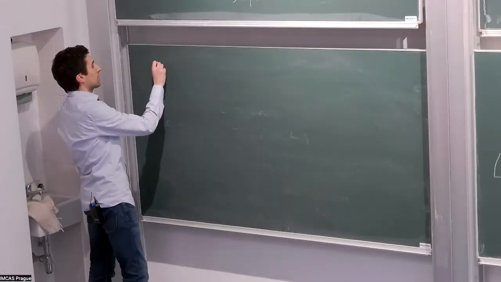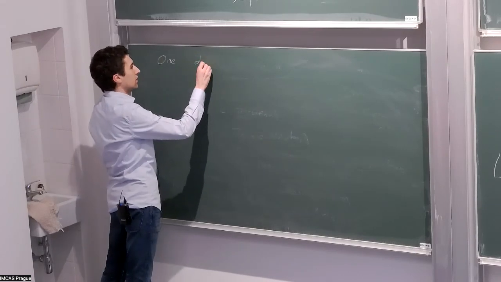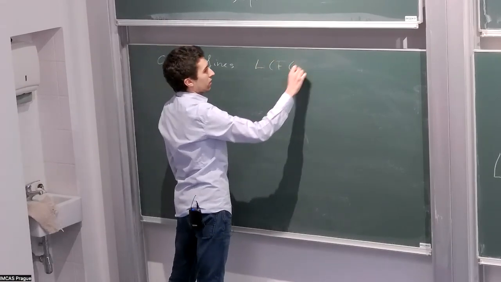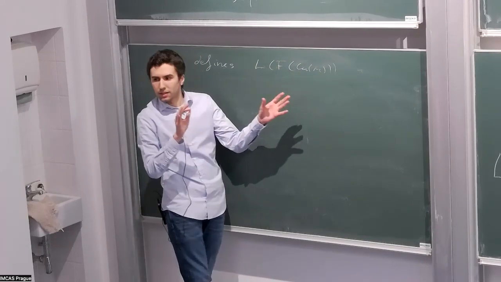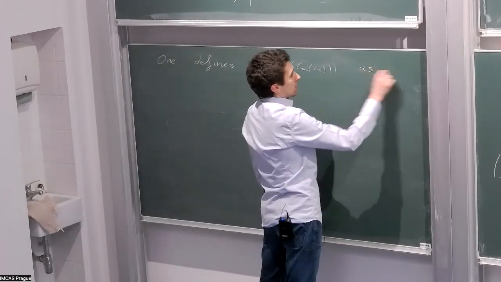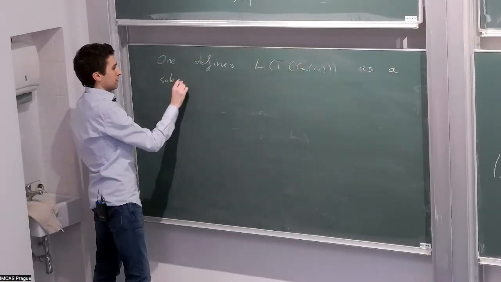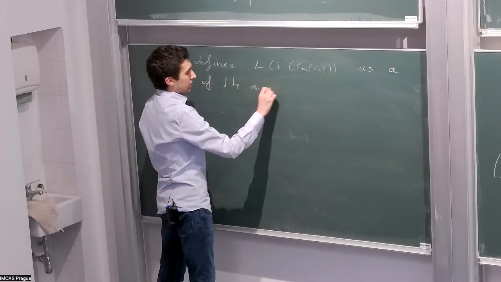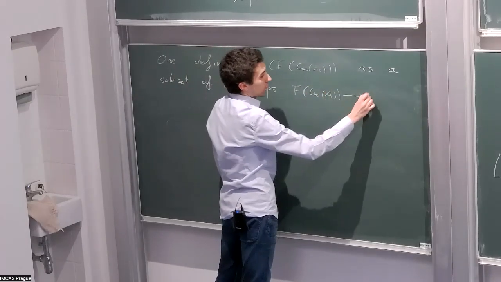And so one defines L of F of Cu of A, which again, informally, is Cu of A star star, as a subset of the maps that go from the functionals to 0 infinity.